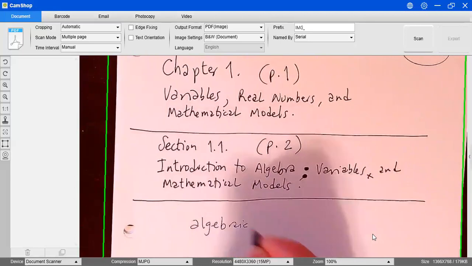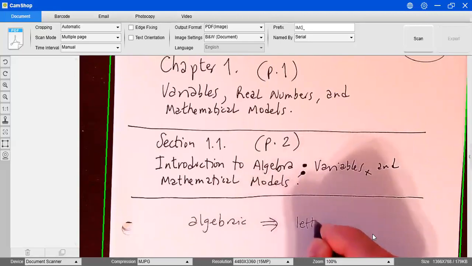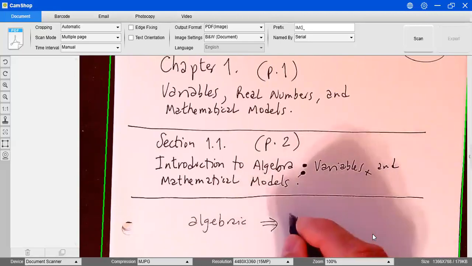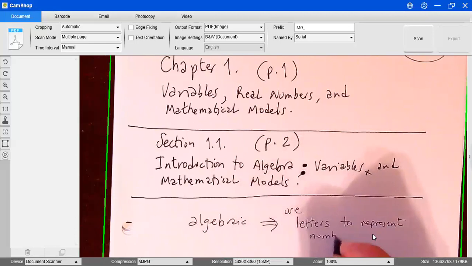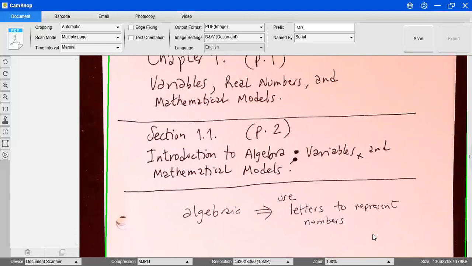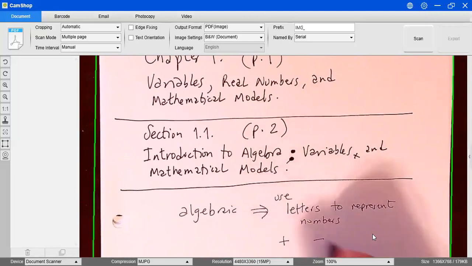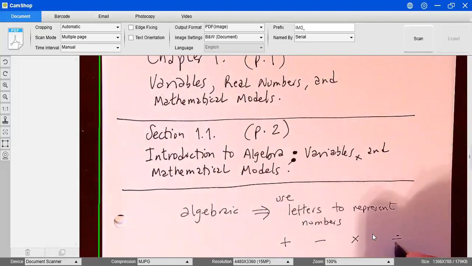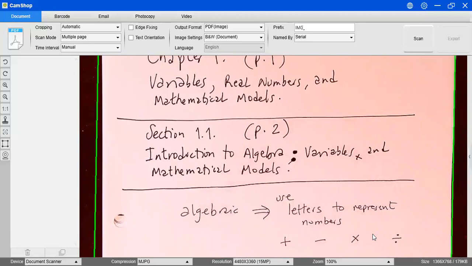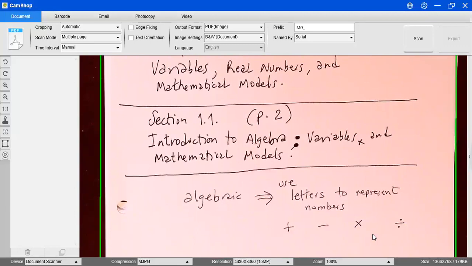When you use the word algebraic, that is indicating that you're going to use some letters to represent numbers. And algebraic also indicates that we're going to use some mathematical operation, like symbols like the plus sign, the minus, the multiplication, and the division symbols, signs that indicate that we're going to perform some operations. So that's the meaning of algebraic.